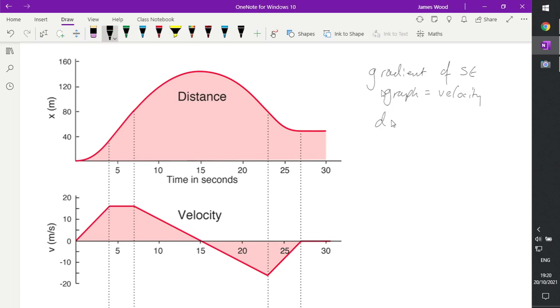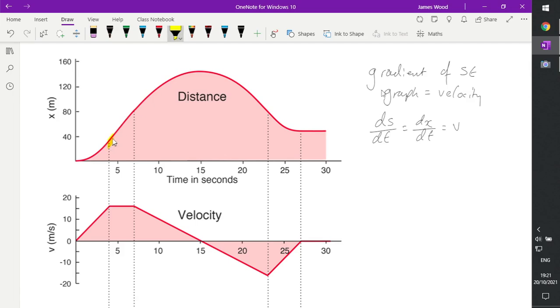So we could write ds by dt, so that's differentiating the displacement, because displacement is s. Sometimes they will use x instead, so you could write it as dx by dt. That gives me the velocity. Let's look at a few points on this graph to study that.